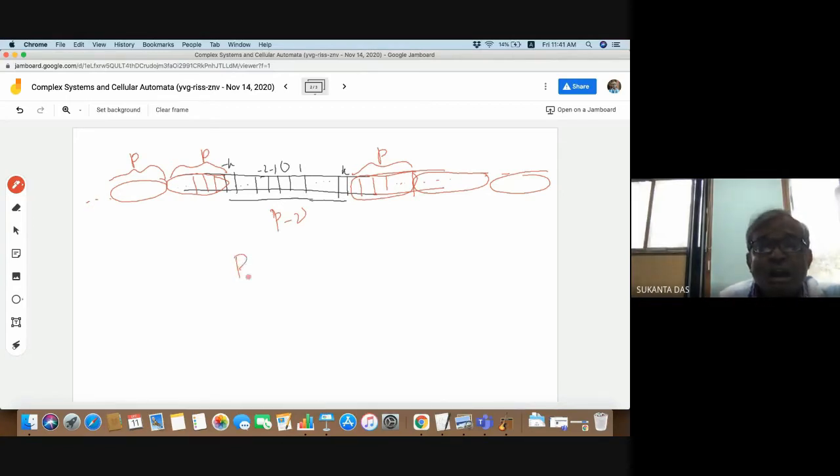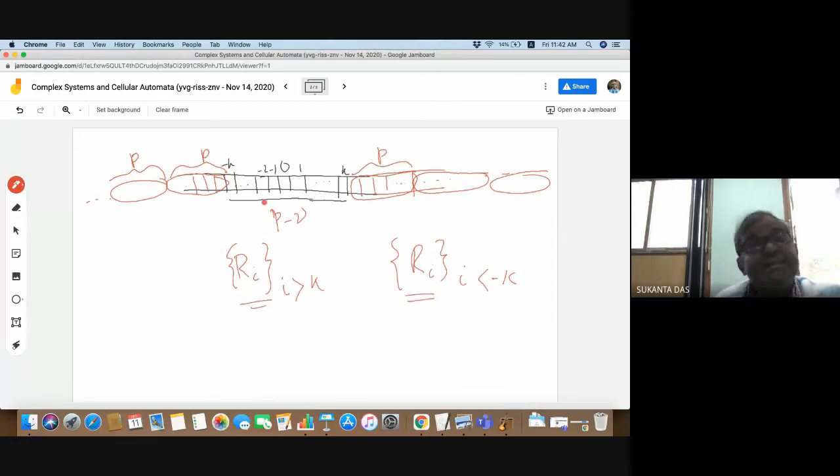Now here, what I actually get, say for Ri, is that if I consider a set Ri where i is greater than k, that is one set, and I can get another set when i is less than minus k. I can get two sets. p-NUCA is not saying that these two sets are the same.